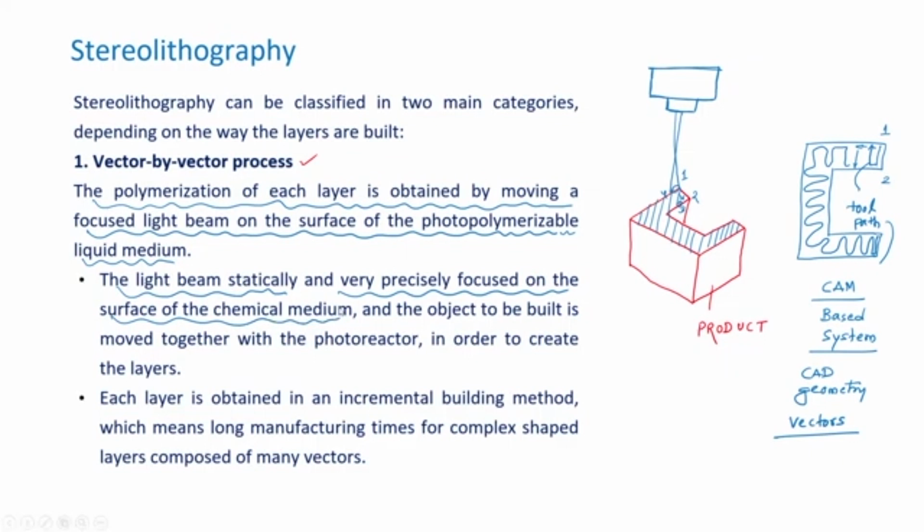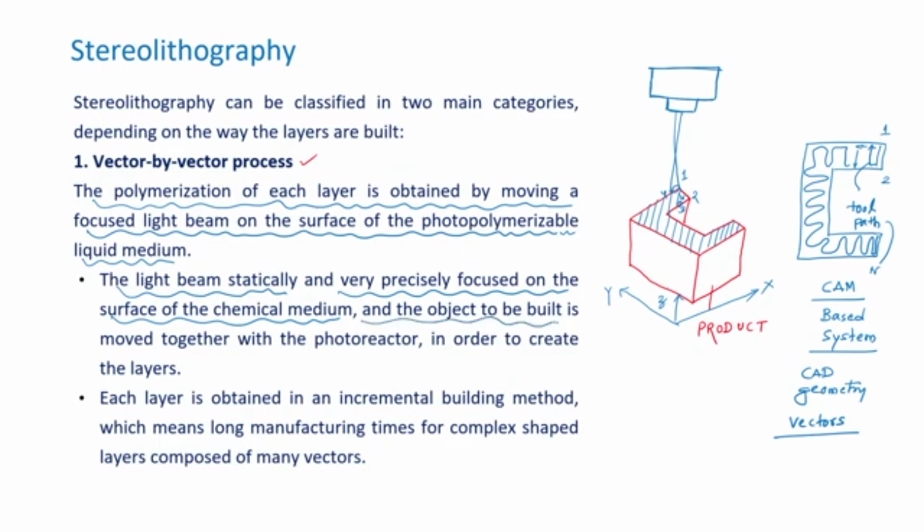We have noticed that the light beam statically maintains its position, but the relative motion from point 1 to point n is carried out by movement of the substrate or the product in the xy direction using a set of stages that we have already seen in our previous slides.